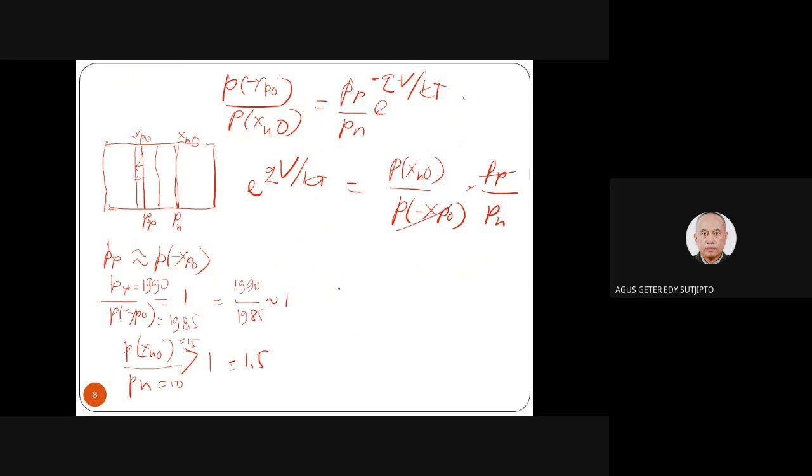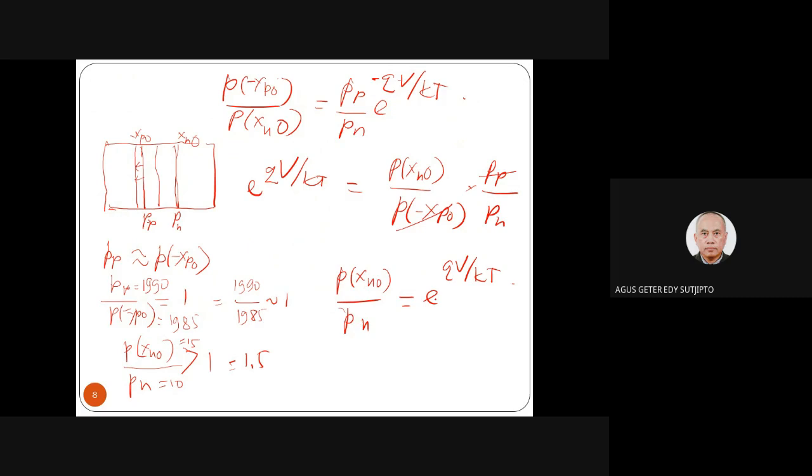And then we can have p at xn0 over pn equal to e to the power qV over kT. So this is the significant difference between the concentration of holes in the N region after applying the voltage and at equilibrium, before applying the external voltage.